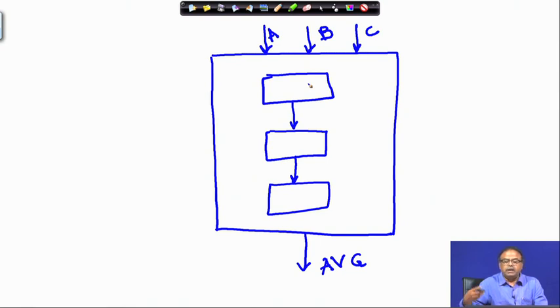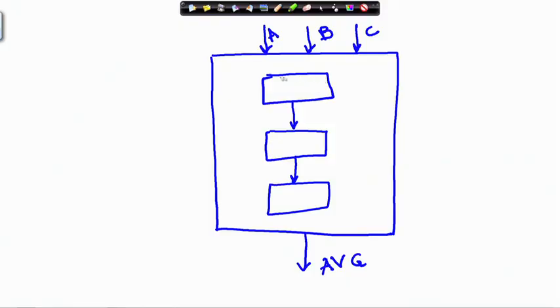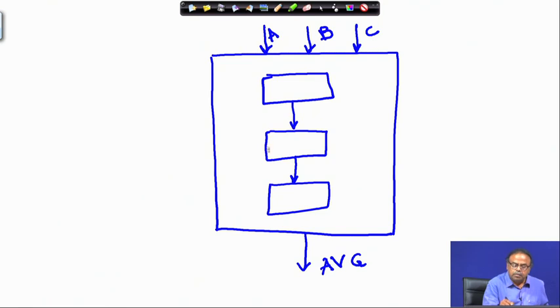For example, if I take a complicated, say, paper rolling machine, then there are so many things to be done in order to roll out or prepare papers. So, similarly, there can be different sub-machines which are doing different functions.